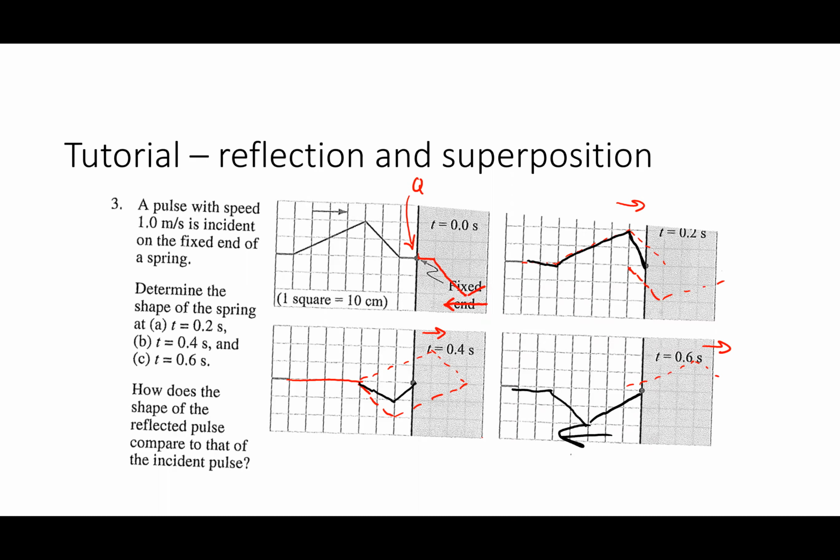If I imagine that the string carries on past the barrier, and imagine a wave coming in from the imaginary string, if that wave has the right shape, then it will always cancel out at the boundary. As a result, I can use that to prove that the wave coming back from the boundary is always going to be upside down. So waves or pulses traveling at a fixed boundary like this are reflected upside down.